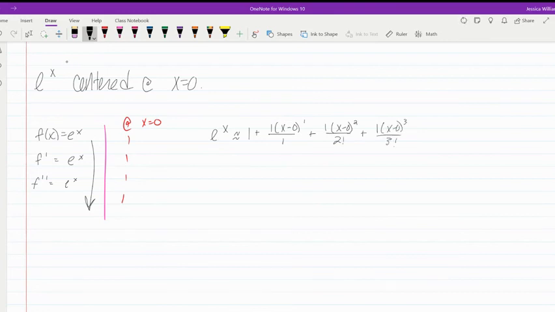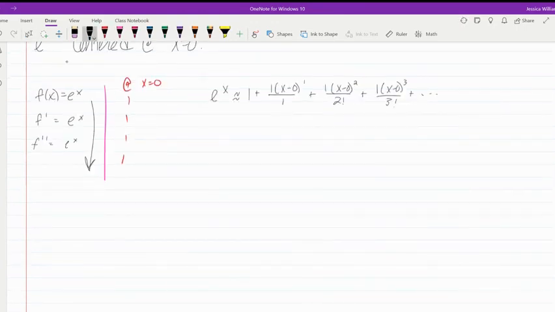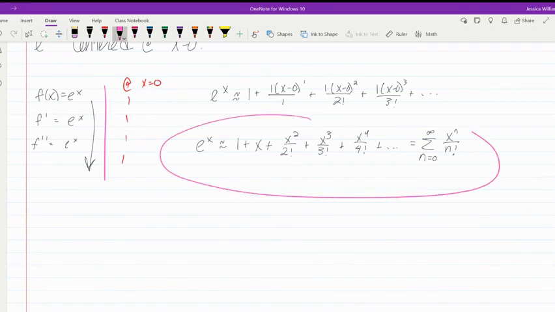I know these have factorials, but they don't matter until 3, etc. So cleaned up, very pretty: 1 plus x plus x squared over 2 plus x cubed over 3 factorial plus x to the 4th over 4 factorial, etc. And as a summation, it's going to be this. So I have x to the n over n factorial. The degree and the factorial are the same. All right, last one to go into your memory.